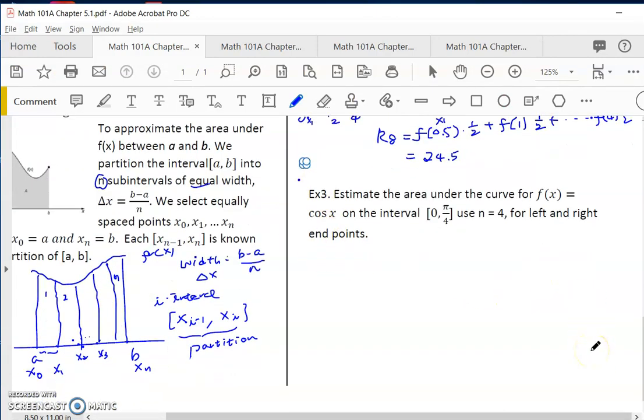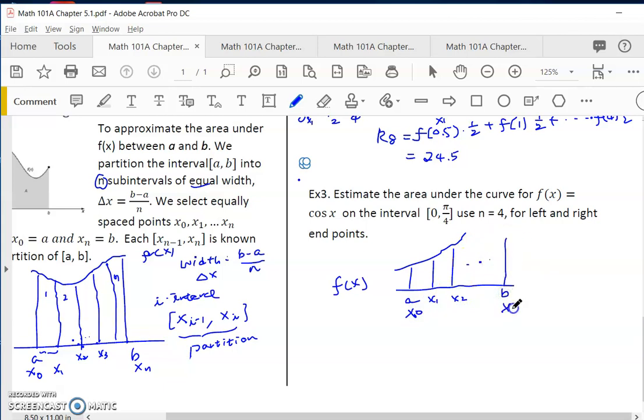You can see the pattern that in general I have f of x, and I'm doing the area under the curve. So if this is a, then x0 is a, and this is x1 and this is x2, dot dot dot, until I have xn, which is b.